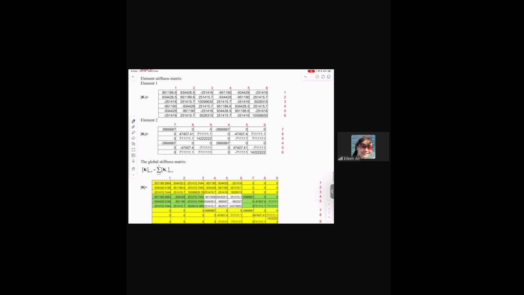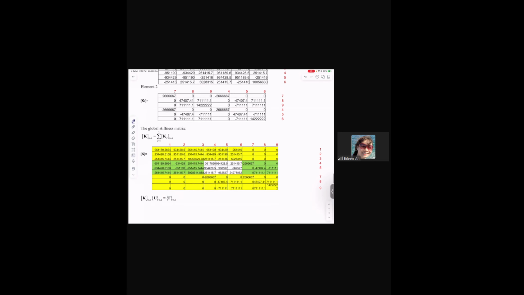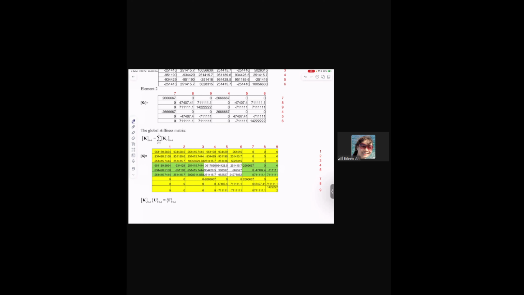And then once we finish the element stiffness matrix K1 and K2, then you need to assemble it. But luckily for this frame problem, node 1 and node 3 are fixed, right? So even though this global stiffness matrix is so big, we can remove many columns and rows.